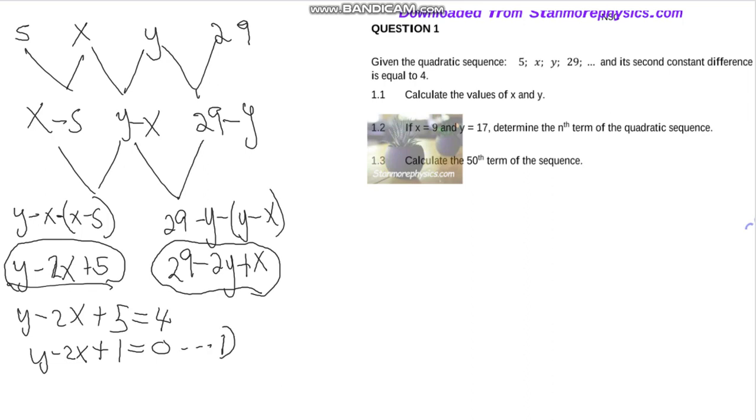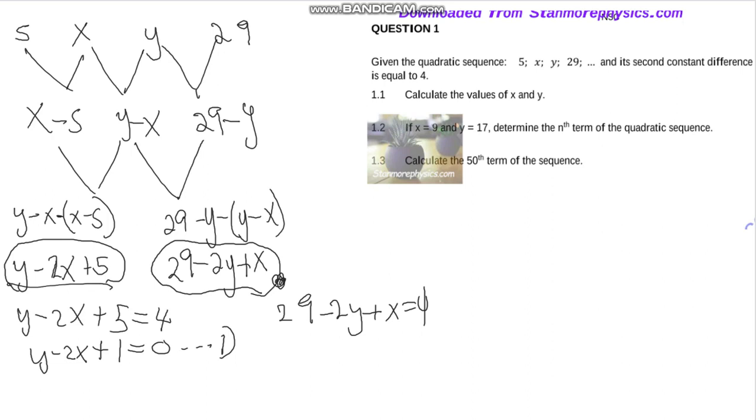And then you come to this second one, which is saying 29 minus 2y plus x is equal to 4.